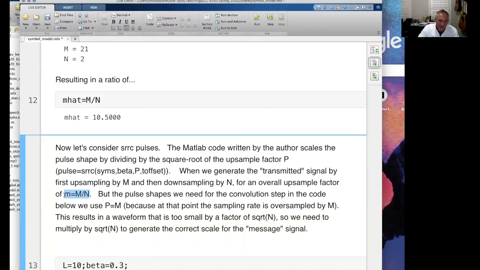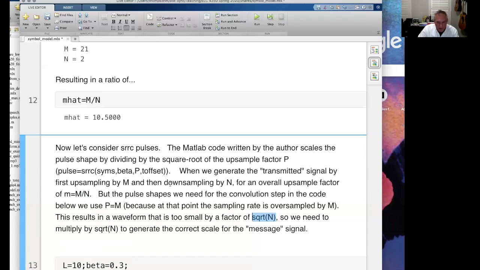That means the square root raised cosine pulses, if you think about it, are scaled wrong. They're too small by a factor of the square root of n. This is kind of in the weeds, so if you don't understand that detail, don't worry about it.